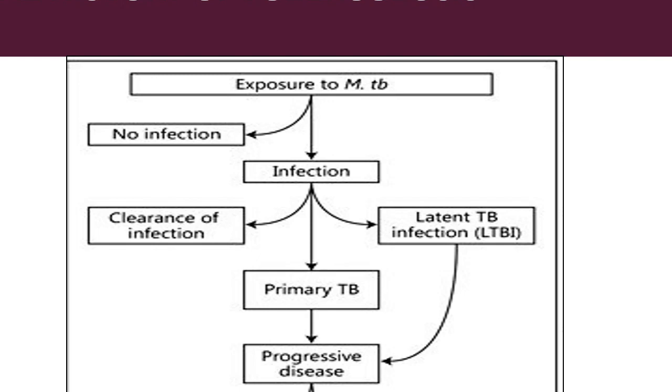Now the infection can progress to disease if the patient's immunity is low. This can lead to primary tuberculosis, and then this primary tuberculosis can progress to progressive disease, which can occur in the lungs, which is the major portal of entry, or through blood can spread to other parts of the body, which we call extrapulmonary tuberculosis.